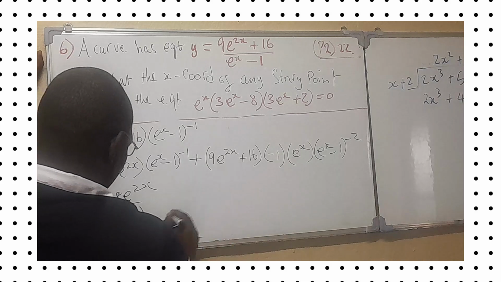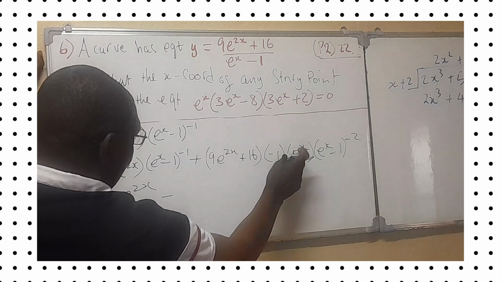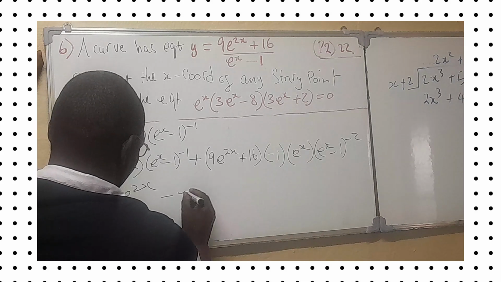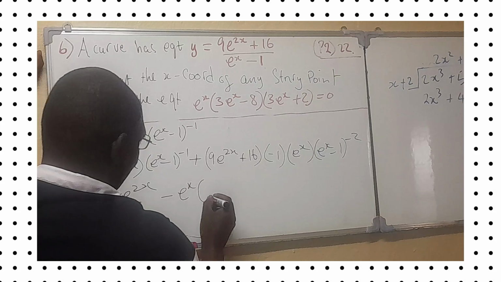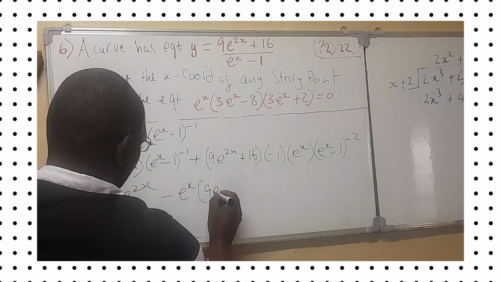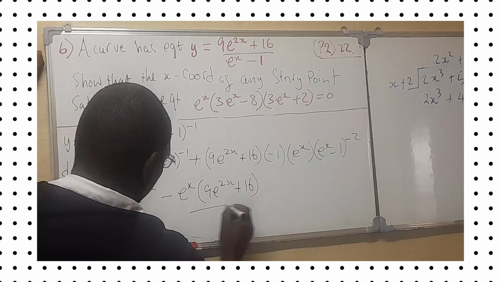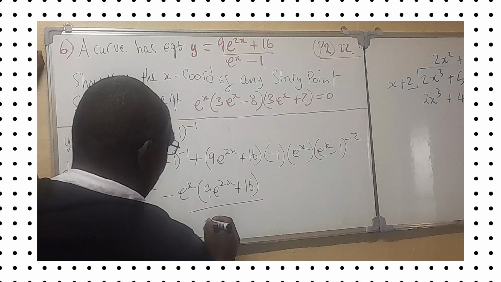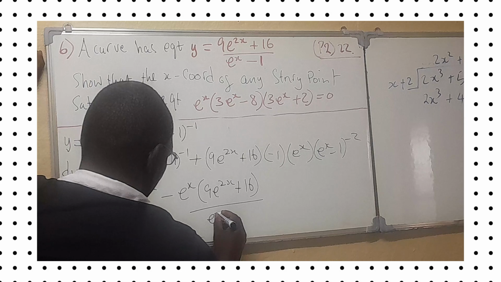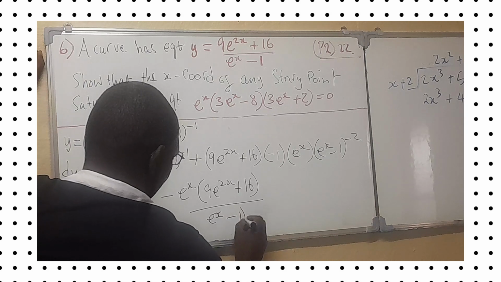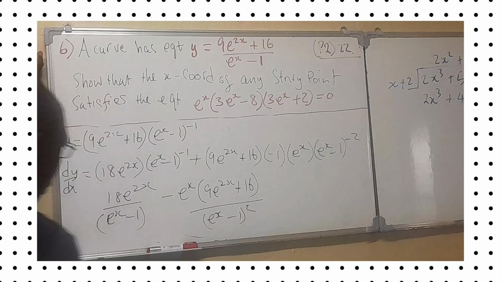It's a minus sign. So it's now minus, and there's an e^x there. e^x, brackets, (9e^(2x) + 16), all divided by (e^x - 1) raised to the power 2.